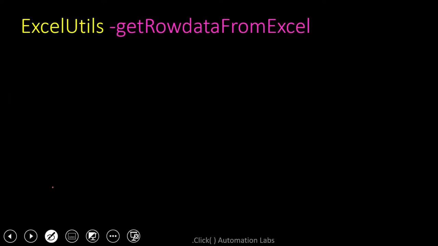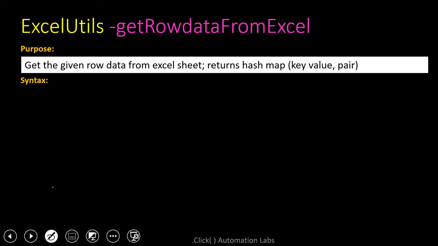So this is get row data from Excel. This is also one of the utilities where you can read the complete row data from an Excel sheet. Get row data from Excel sheet returns the data in the form of key value pairs called a hash map. If you want to retrieve data in key value pairs, you can use this method.